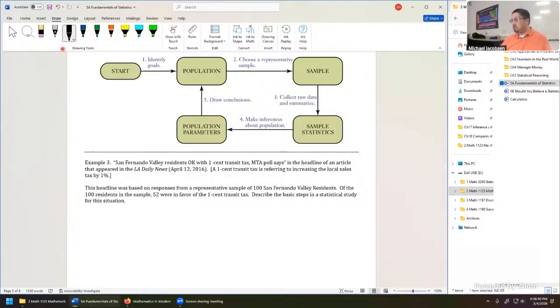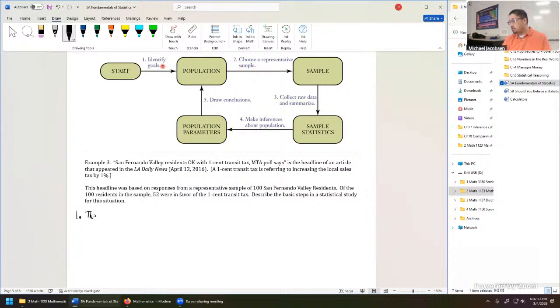Okay, let's write these down, just kind of going in order of the flow chart and the steps we see, paying particular attention to population and sample. So step 1 is to identify goals. And if we see a study like this, the implied goal is probably just to assess support for the 1% sales tax. So that's probably what I would say for identifying the goals.